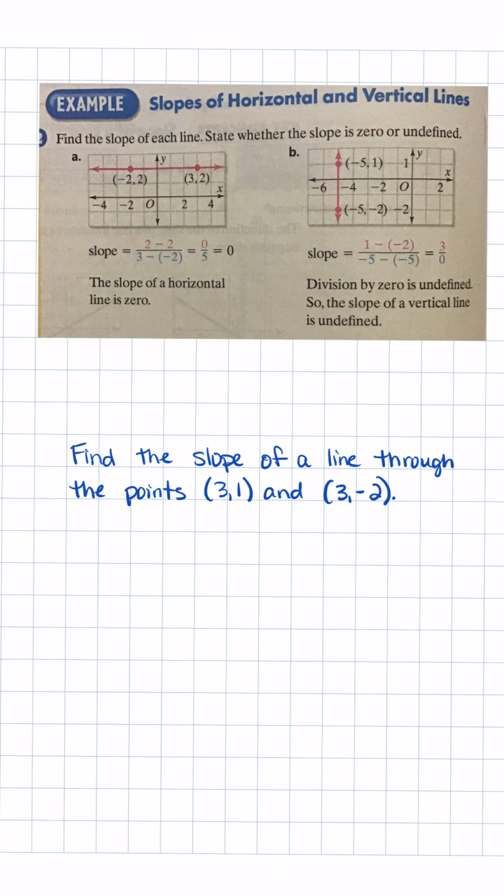When you see that they are straight lines running horizontally or vertically, when you subtract them out, this one is 0 over 5, 2 minus 2, and then 3 minus a negative 2 would equal 0 over 5. So that equals 0. So the slope of a horizontal line is 0.